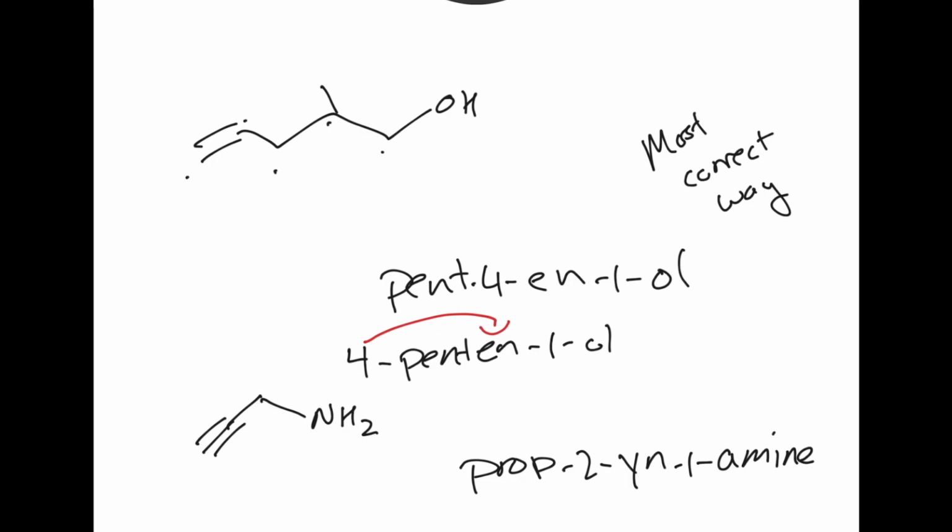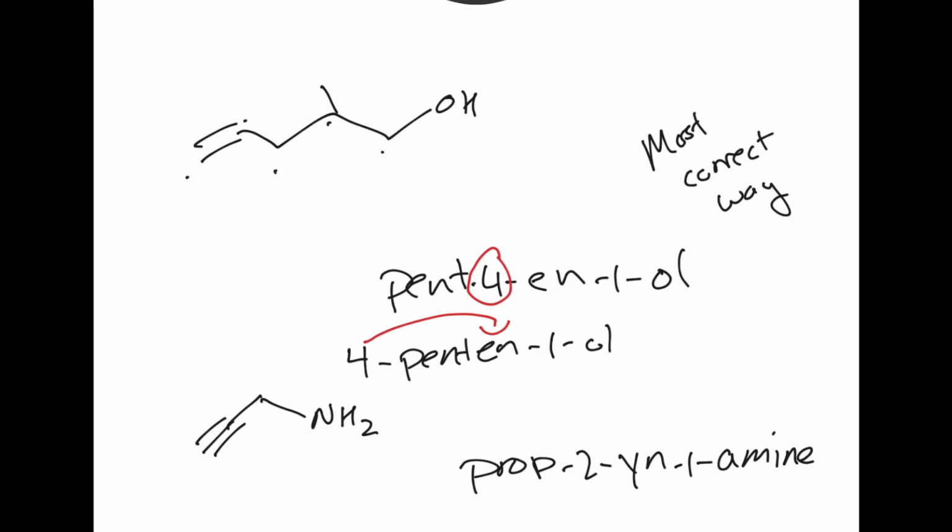You'll see that sometimes, especially on older bottles, where that number will be out in front of the parent hydrocarbon name, and it's referring to that first suffix after the parent hydrocarbon. So it's just kind of moving this number to the front.